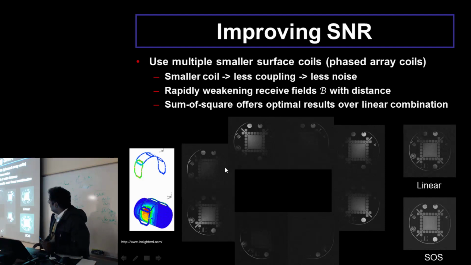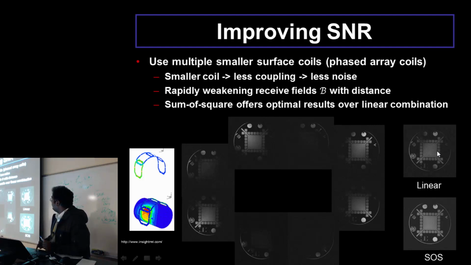Whereas in this case, of course, the B1 profile, or beta 1 profile, of the coil is spatially varying, right? So how do you combine these individual channel images to get an optimal image with uniform signal sensitivity and noise as well?